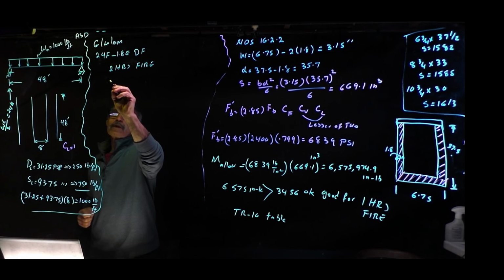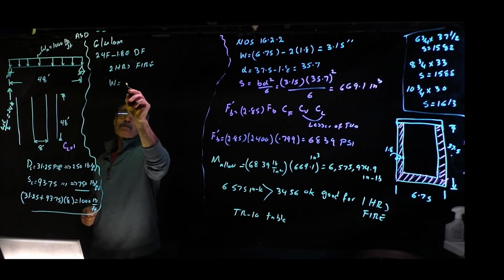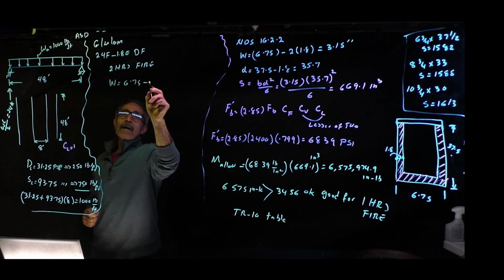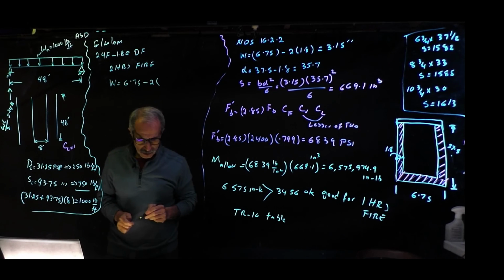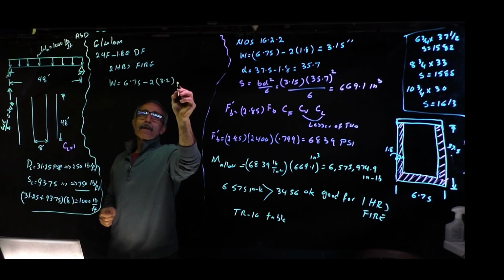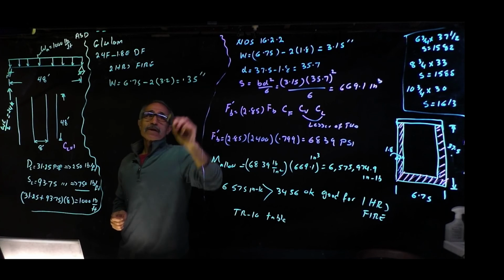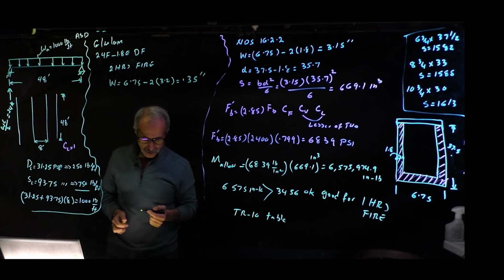So our new B is going to become 6.75 minus 2 times, for 2 hour rating, 3.2 inches. Which basically means there's nothing left of the beam, 0.35. You already know it's not going to make it at 0.35 inch width.